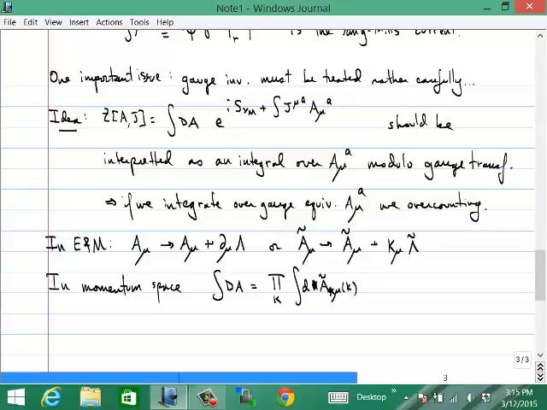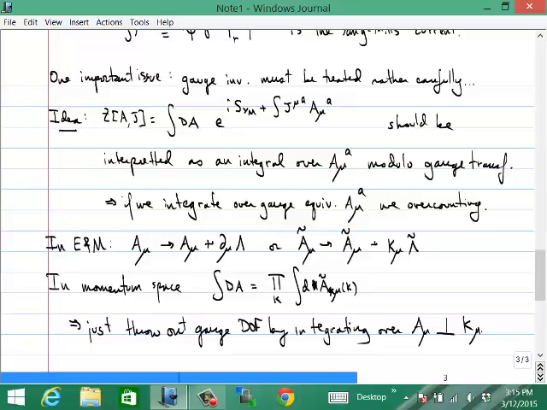And if you want to only integrate over one A_μ per gauge equivalence class, then all you need to do is throw out the gauge degrees of freedom by integrating only over those A_μ which are perpendicular to k_μ.